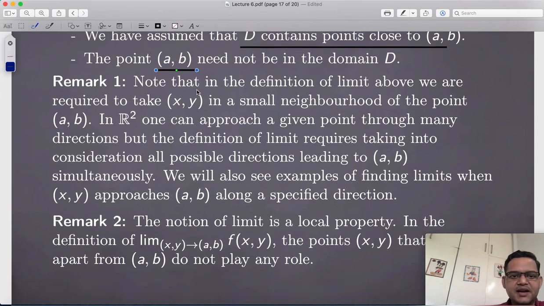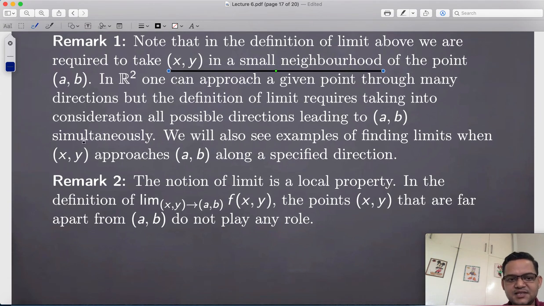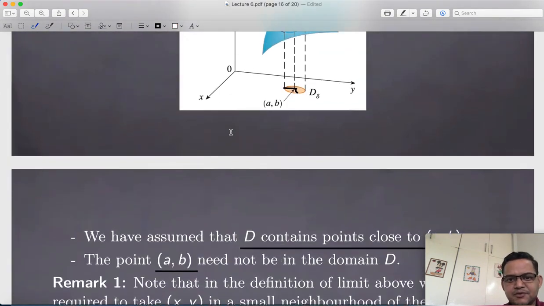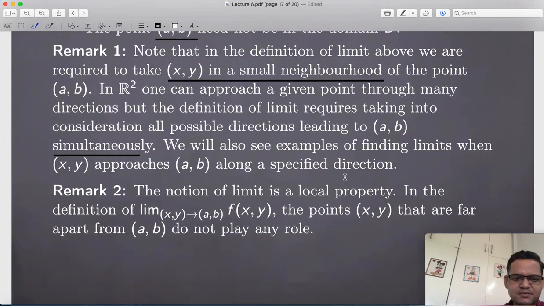Note that in the definition of limit, we are required to take (x, y) in a small neighborhood, that is, the delta neighborhood of the point (a, b), because we can approach a point in R2 through many directions, and you need to take all of them. This is exactly the same thing, simultaneously, as I said. Approaching the point from some particular specified direction is a different thing, and we will discuss some examples about that.